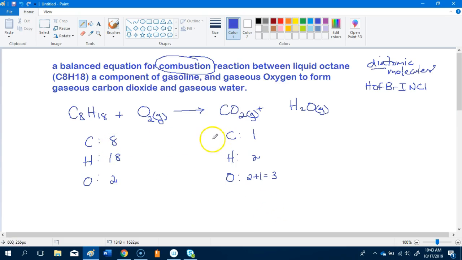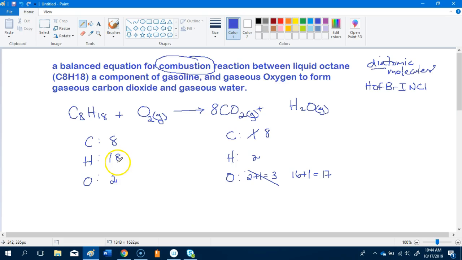First of all, I'm going to balance my carbon. I have 8 on the reactant side, so I'm going to put an 8 here. That changes my carbon count to 8. It also changes my oxygen count. So 8 times 2 is 16, plus 1 gives me 17 oxygens altogether. Next, I'm going to balance my hydrogens.